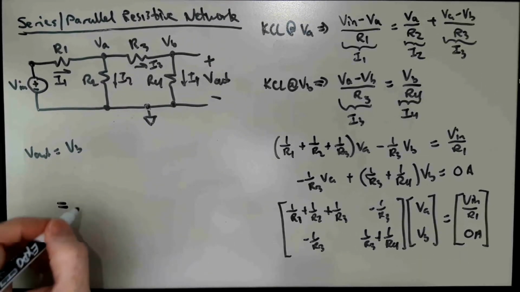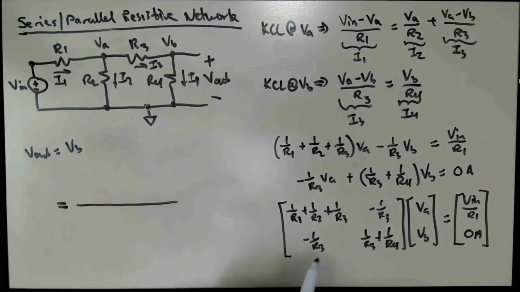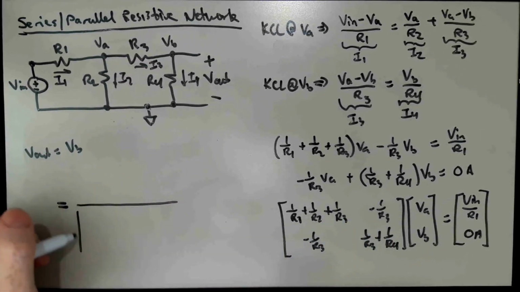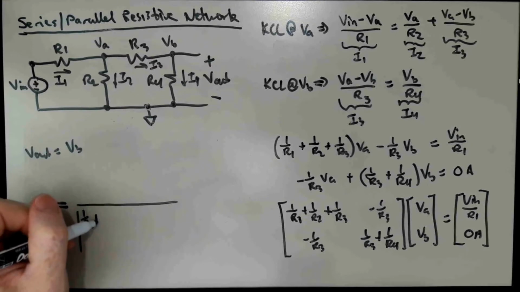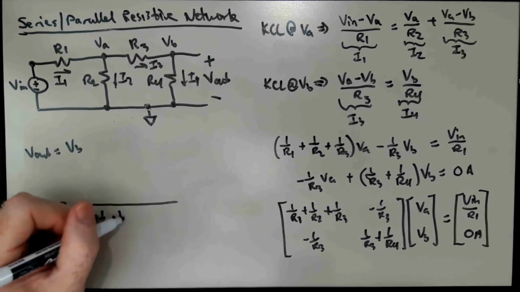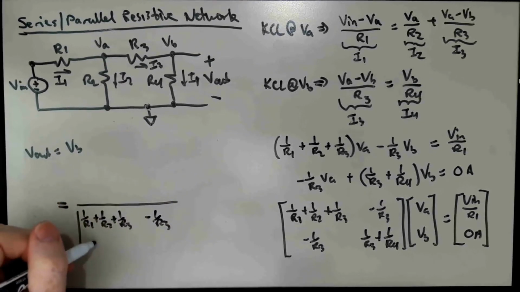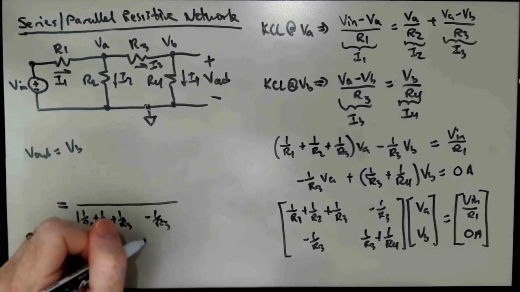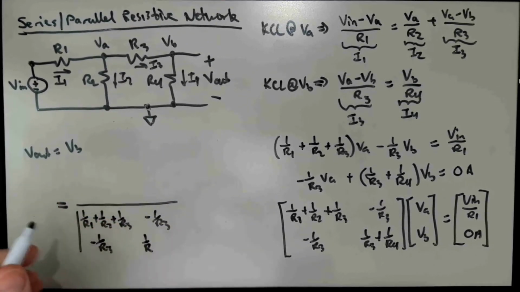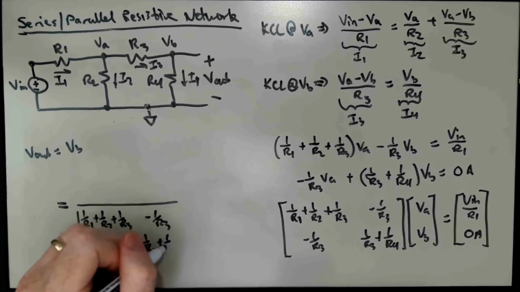the determinant in the denominator is going to be the determinant of this matrix here, 1 over R1 plus 1 over R2 plus 1 over R3, minus 1 over R3, minus 1 over R3, 1 over R3 plus 1 over R4.